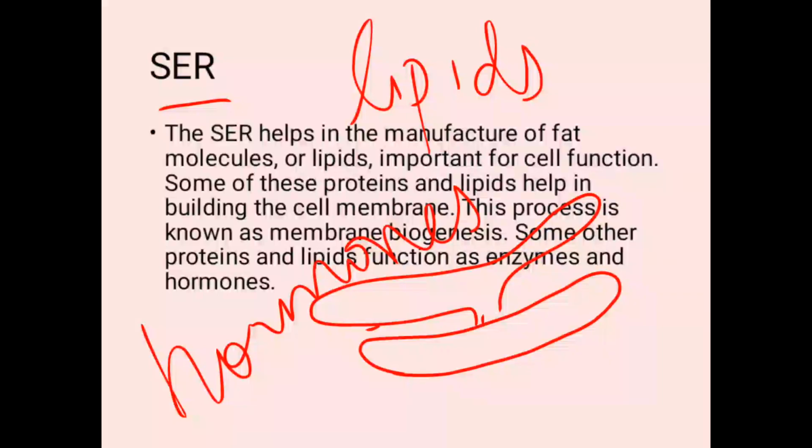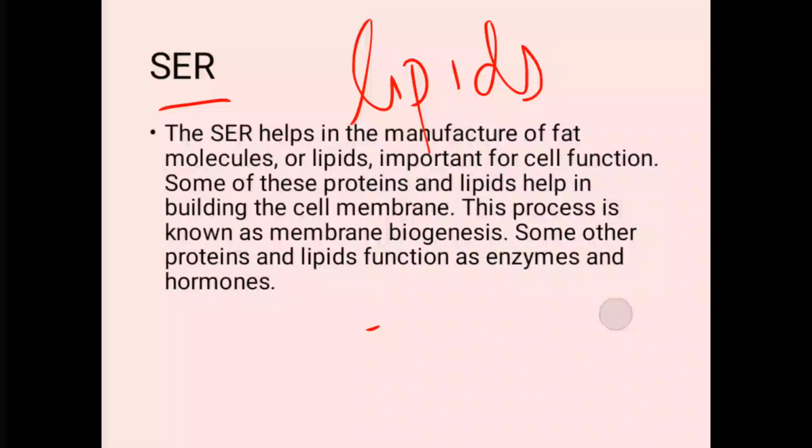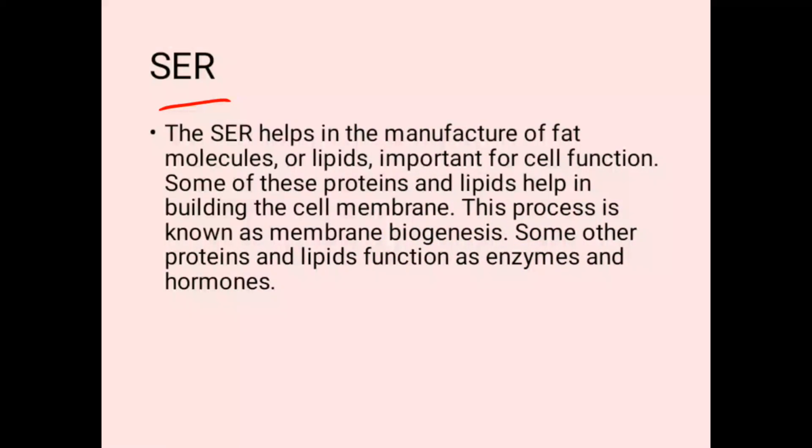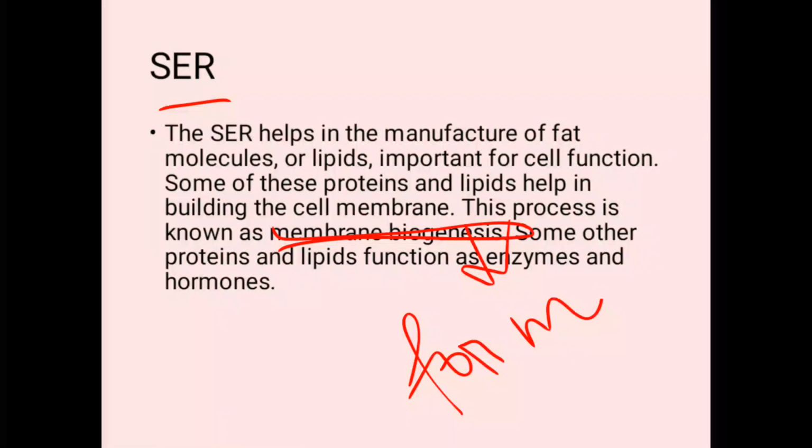So with the help of both rough and smooth endoplasmic reticulum, we get proteins and lipids. These proteins and lipids again help us to manufacture the cell membrane. That's why the endoplasmic reticulum is said to be involved in membrane biogenesis. Genesis refers to formation.